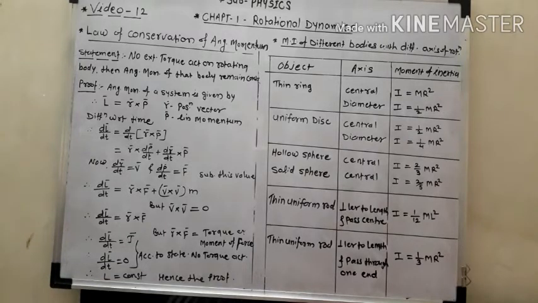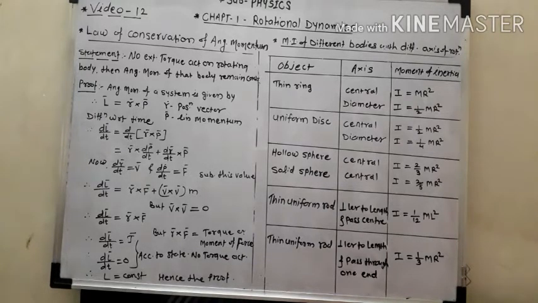If no torque acts on the body, that means torque is equal to 0, then the derivative of that quantity is equal to 0, that quantity should be conserved, constant. Therefore, we can write here L = constant.